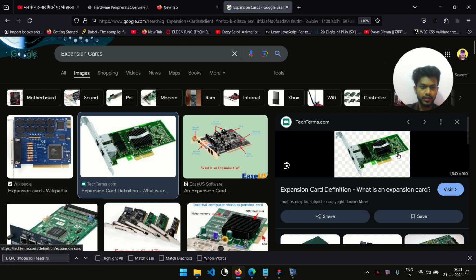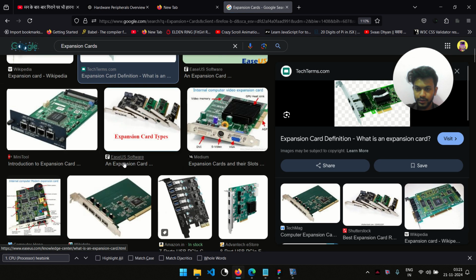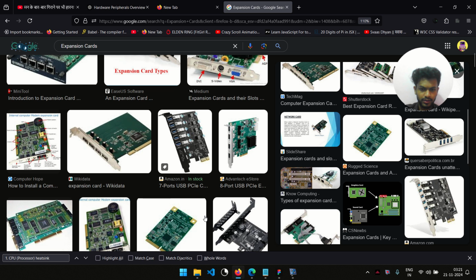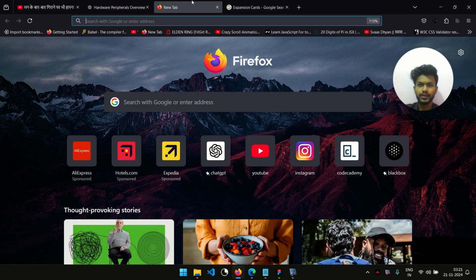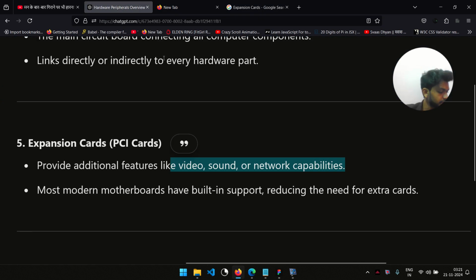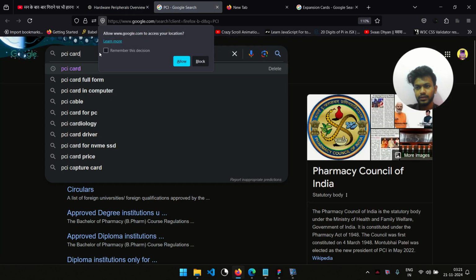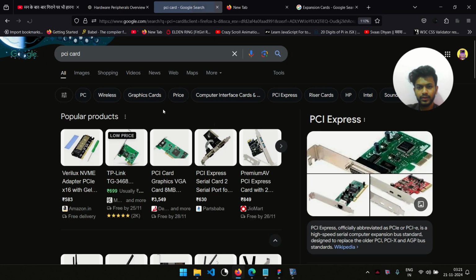These are the different expansion cards. Have to be quick. PCI, that is peripheral component interconnect. PCI cards. What is the full form? I forgot.